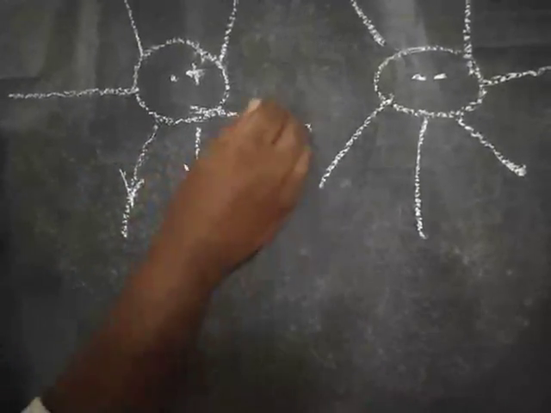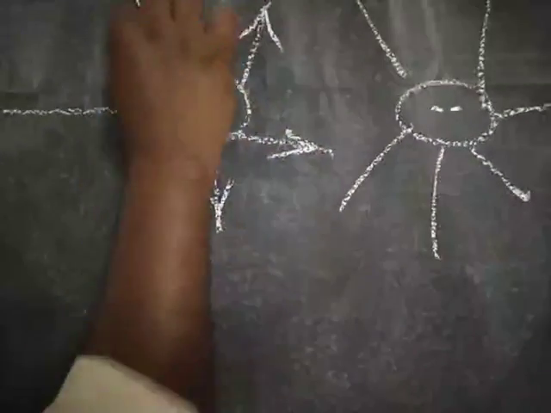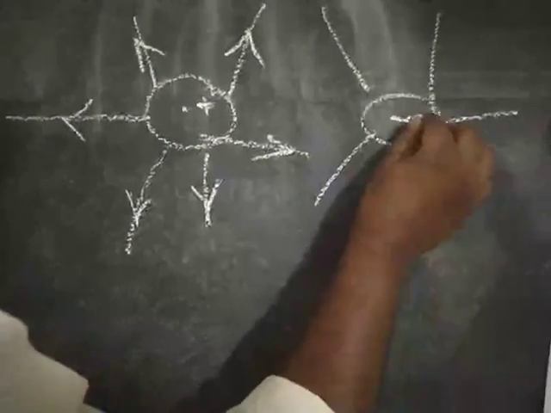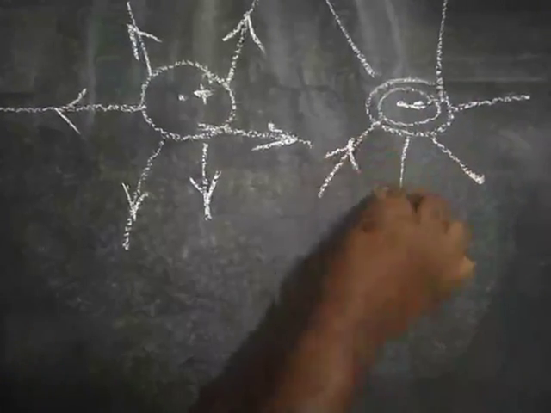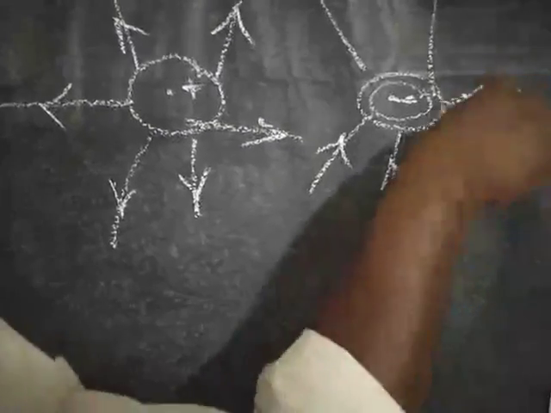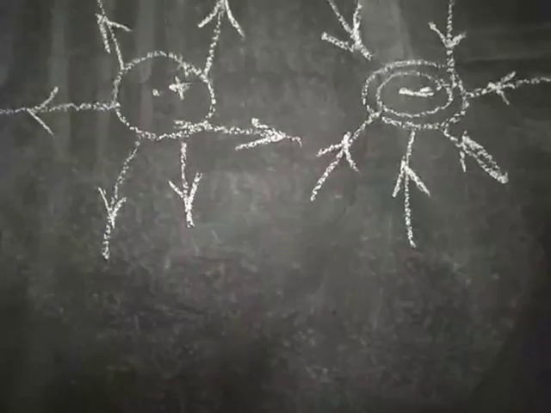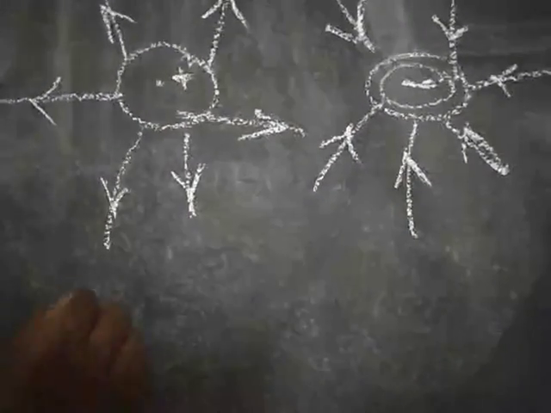Outwards means we have to draw the arrow from the center to the outside. For an isolated negative charge, the lines point inwards. In this way we represent the electric field lines of force.